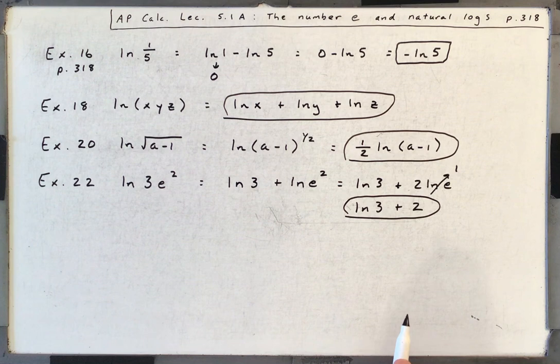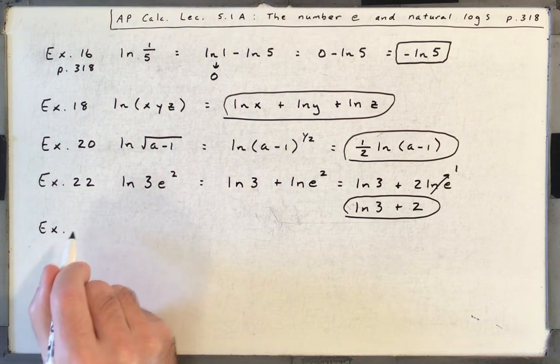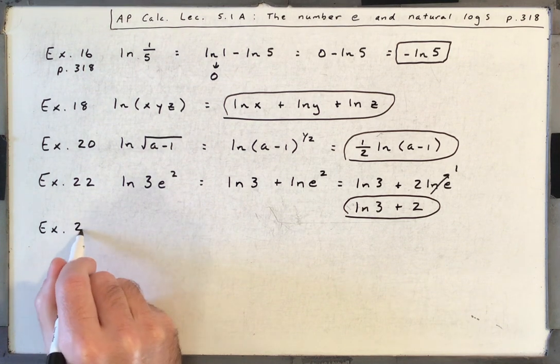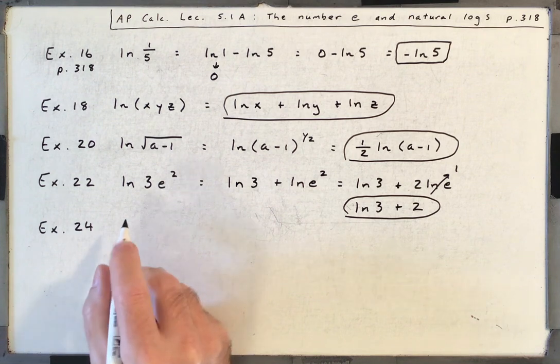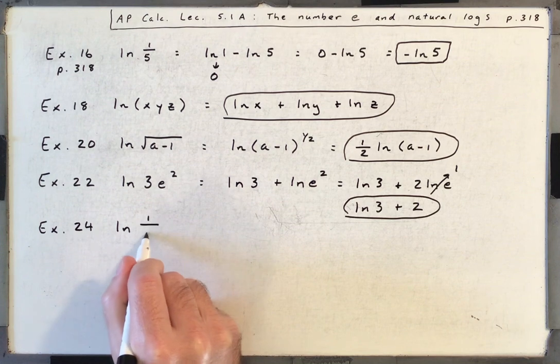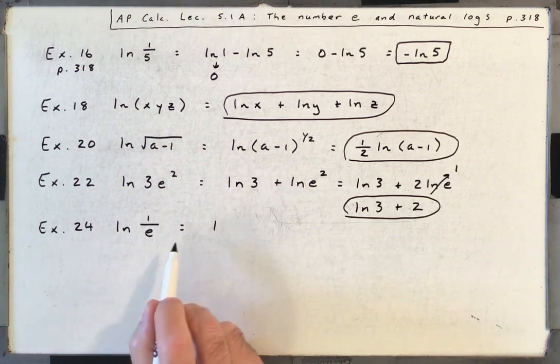All right, pretty cool. So hopefully this is bringing back memories from both Algebra 2 and Pre-Cal of you doing problems like this. So we have the natural log of 1 over e. Okay, that's going to be a difference.